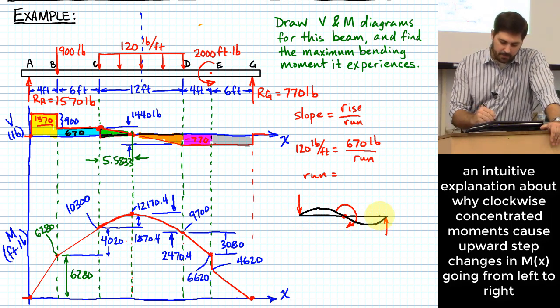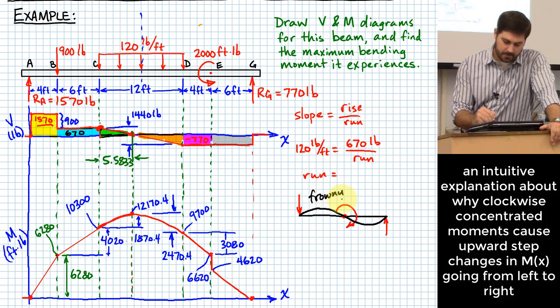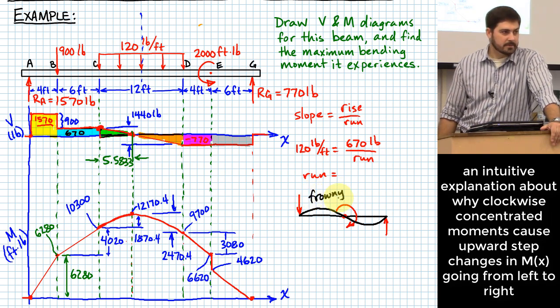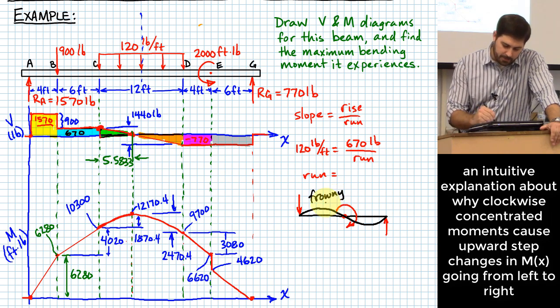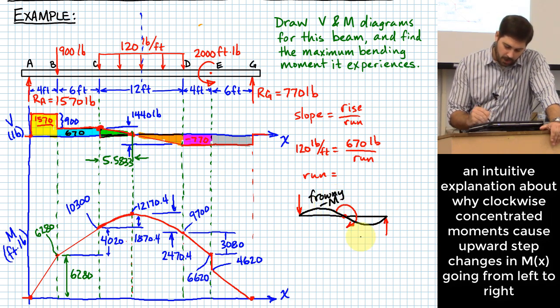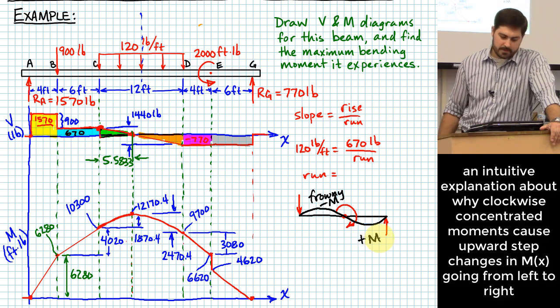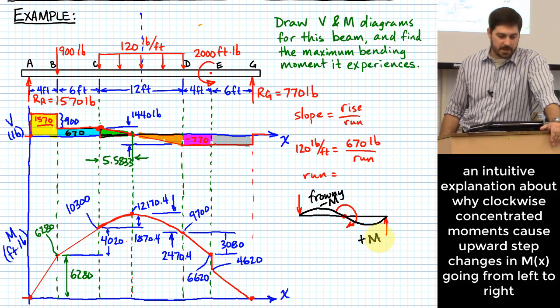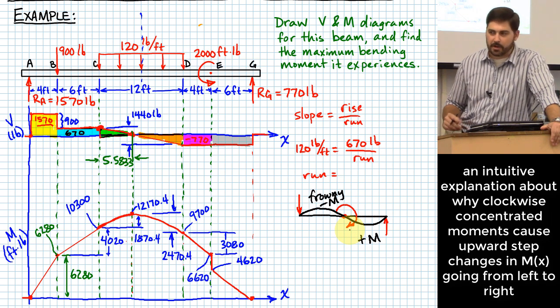What kind of a bending moment do you have to the left? This is frowny, which is a negative bending moment. Over here, it's smiley, a positive bending moment. What's the effect of that concentrated moment in a clockwise direction?